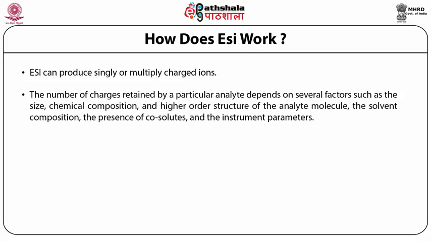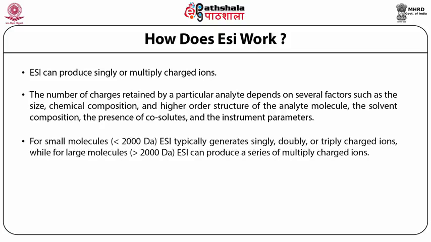The number of charges retained by a particular analyte depends on several factors such as the size of the molecule, the chemical composition and higher order structure of the analyte molecule, the solvent composition, the presence of co-solutes, and the instrumental parameters. For small molecules, less than 2000 Daltons, electrospray typically generates singly, doubly, or triply charged ions, while for large molecules bigger than 2000 Daltons, electrospray can produce a series of multiply charged ions.